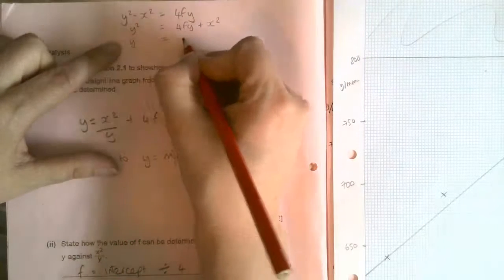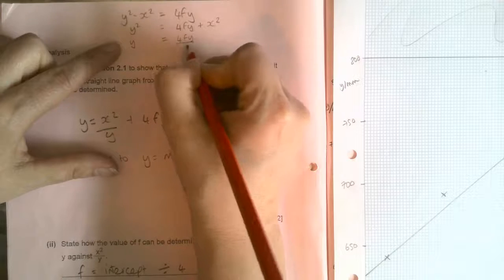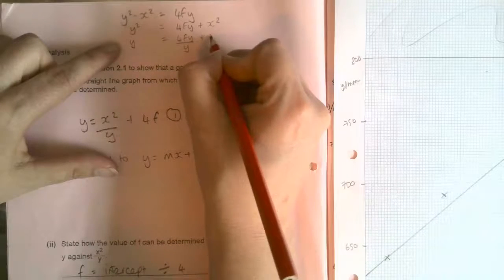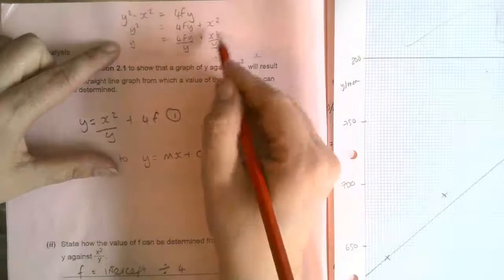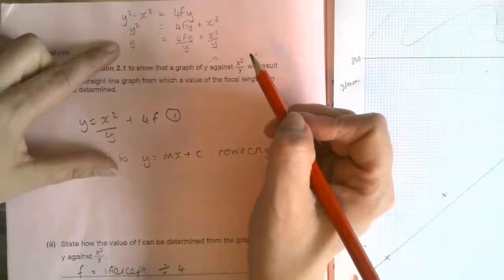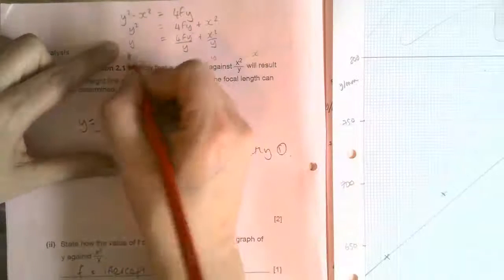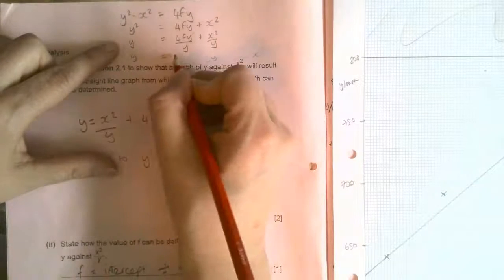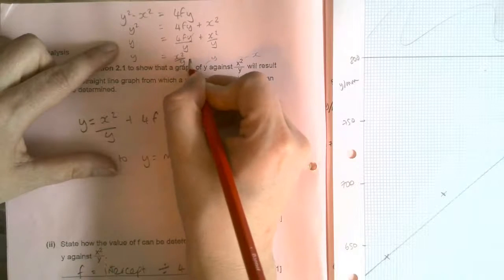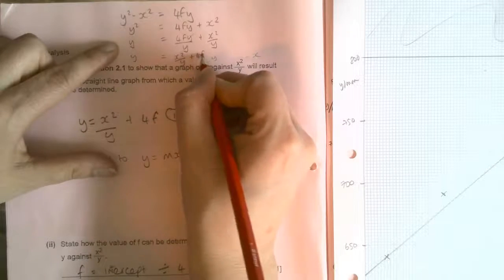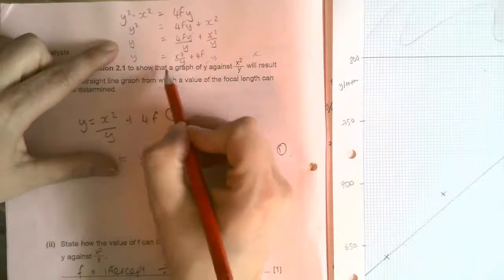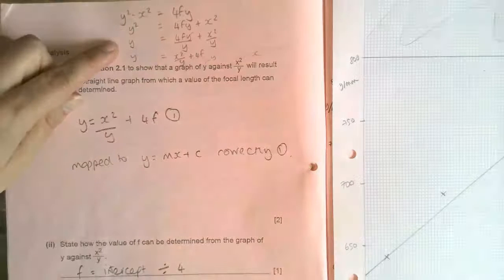So y is 4fy over y plus x squared over y. Now we're starting to see the things that we are looking for. So a wee bit of rearranging, look, they'll cancel. y equals, I'm going to write this first, x squared over y plus 4f. And then that's y equals mx plus c.